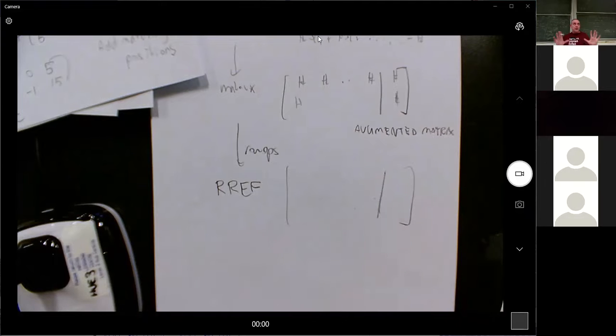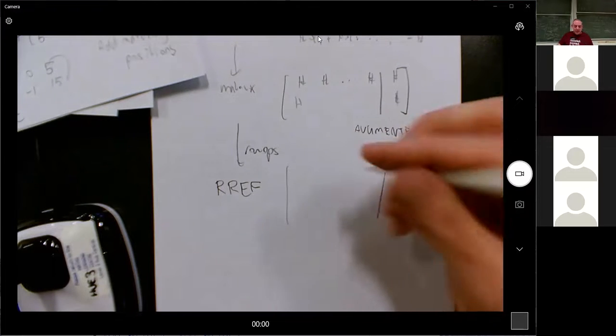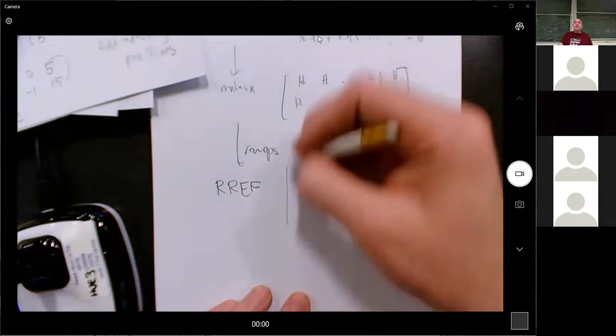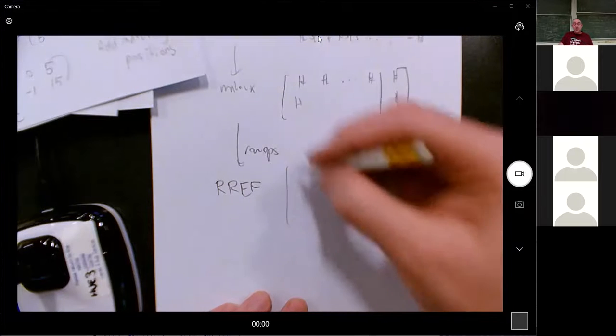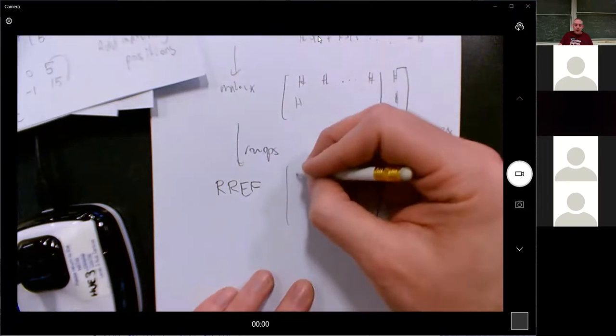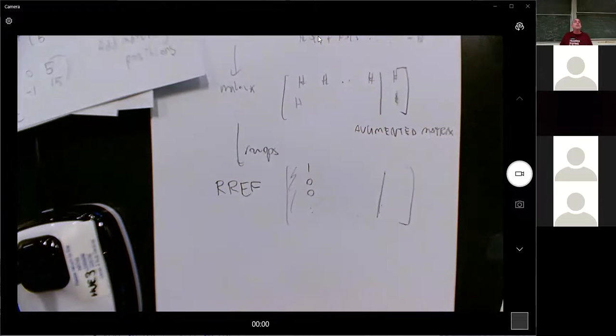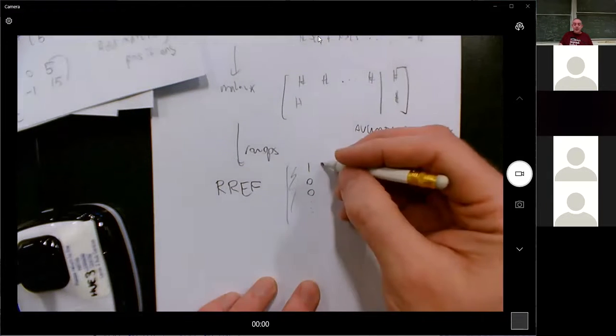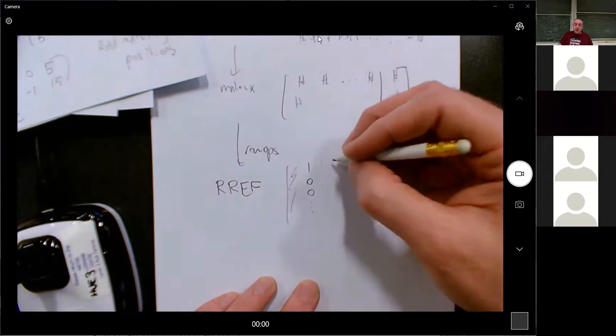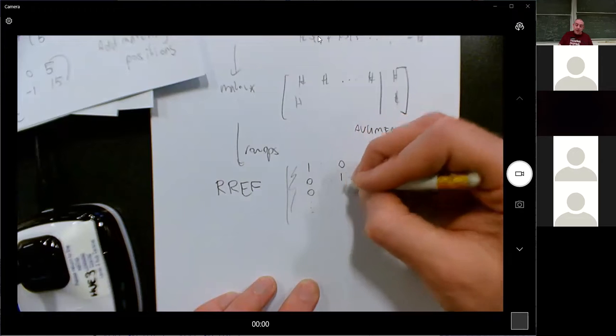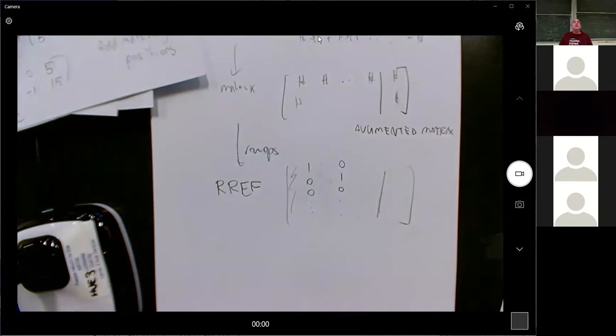And the reduced row echelon form looks like this. There may be a column of zeros at the beginning, several columns of zeros, but somewhere after that, there will be the first column of the identity matrix. And then there may be columns after this, and then sometime after that, there will be the second column of the identity matrix.